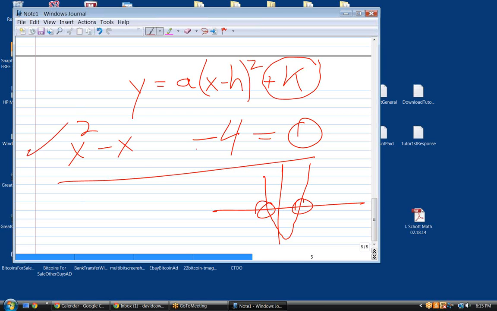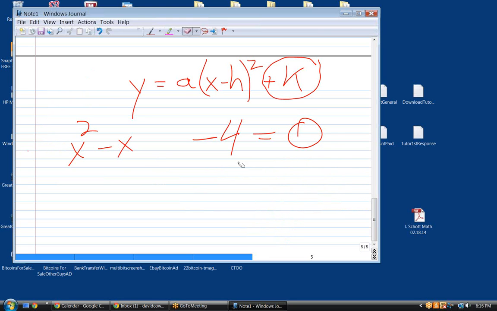It's going to force you to use the quadratic formula. You're going to have to find the vertex, or if you put it in vertex format, you don't have to put it in vertex format to find the vertex. If I said, where's the vertex of this?